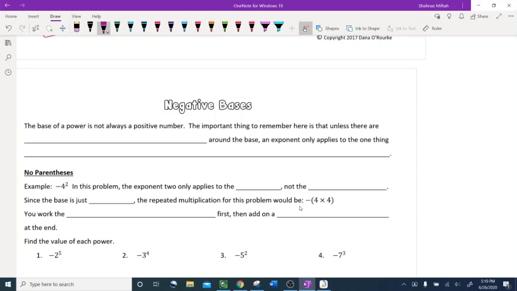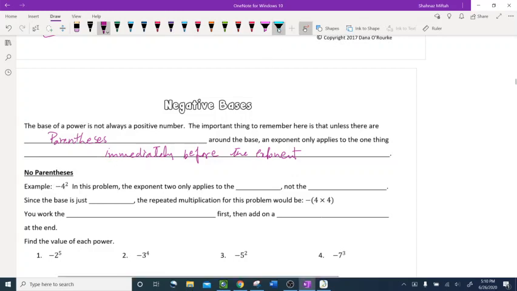The important thing to remember here is that unless there are parentheses around the base, the exponent only applies to the one thing immediately before the exponent. Immediately before the exponent.